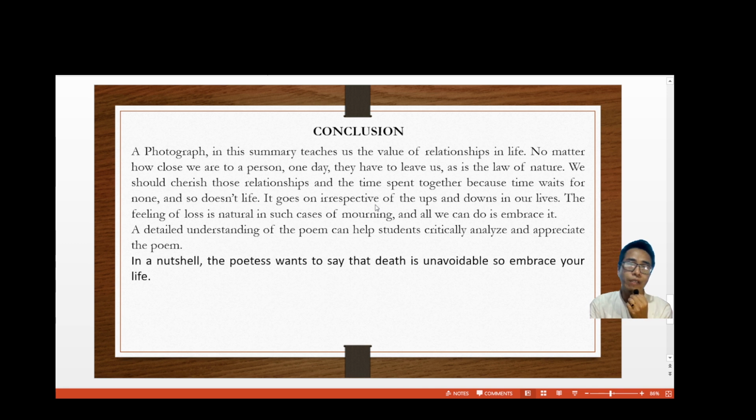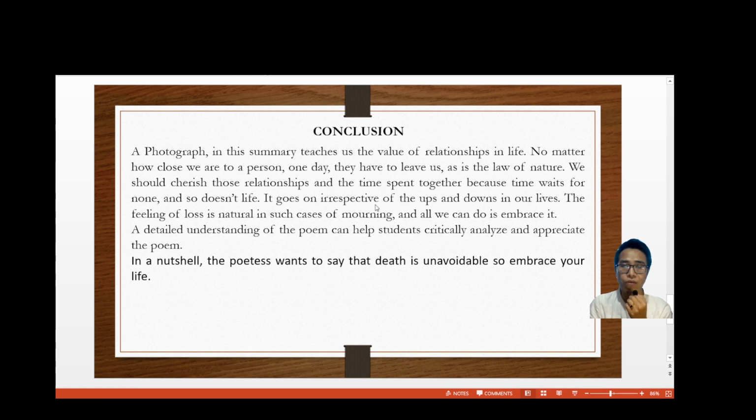So in conclusion, we can say that A Photograph in this summary really teaches us the value of relationships in life. No matter how close we are to a person, one day we have to leave each other, as is the law of nature. So we should cherish those relationships and the time spent together, because time waits for none, and so does life.